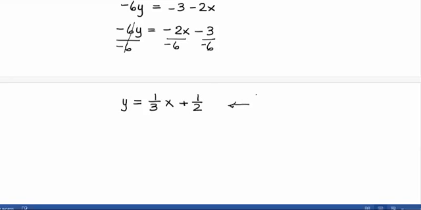So now I've converted my standard form into my slope-intercept form, and from here I can identify my slope and my y-intercept.